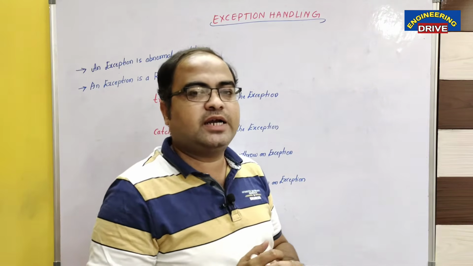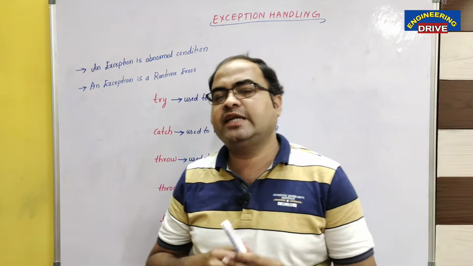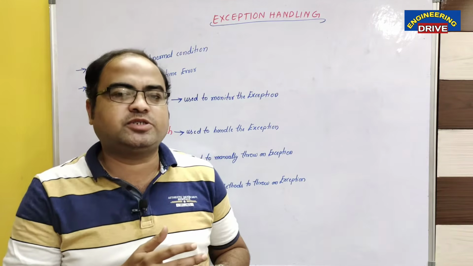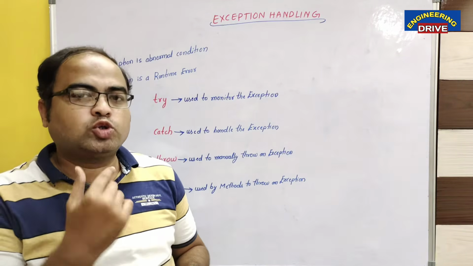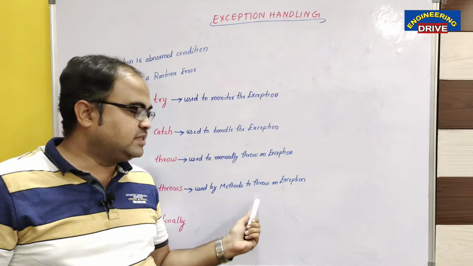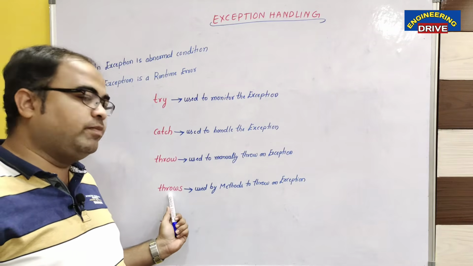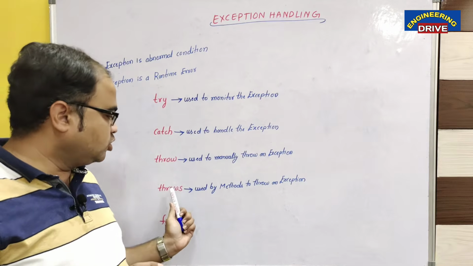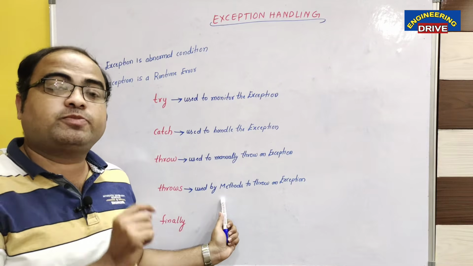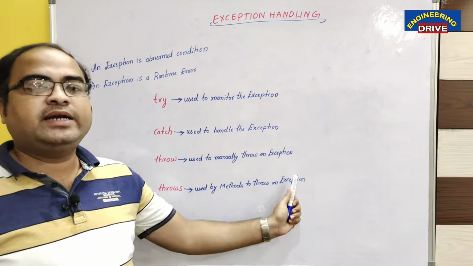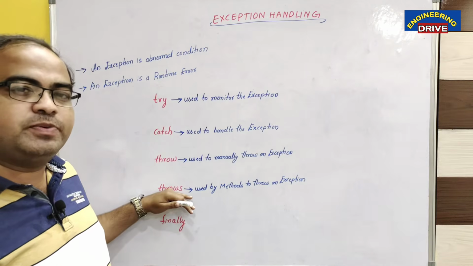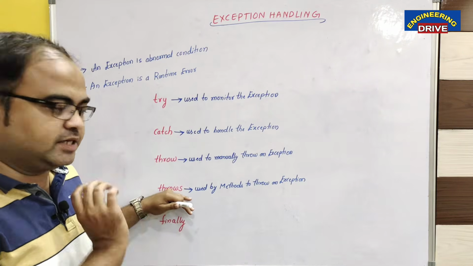If in a particular method there is a chance of an exception, and that method wants to throw the exception, then beside that method we need to make use of this keyword throws. So this throws keyword should be used by methods only to throw an exception. This is specifically designed for methods.